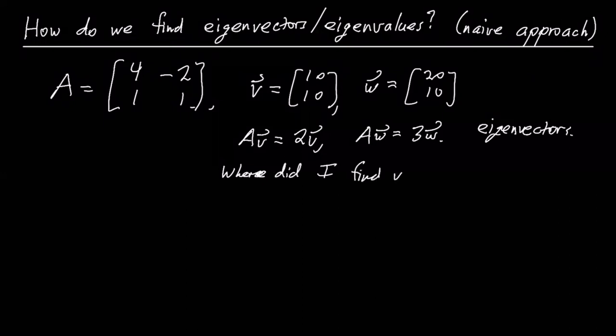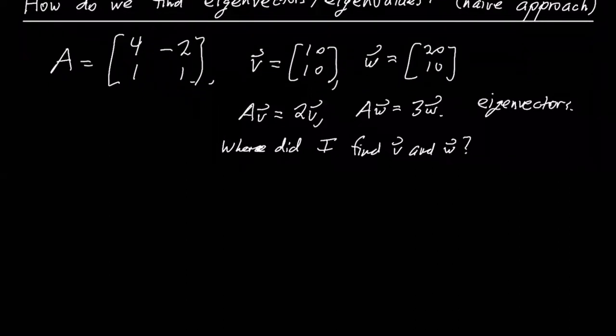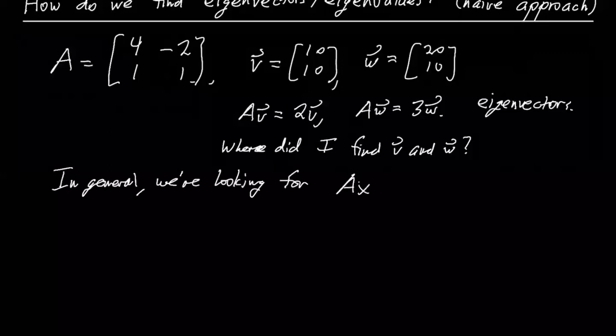So I want to try to explore this for a moment. In general, we're looking for equations of the form Ax equals lambda times x, is the kind of way people tend to write this.